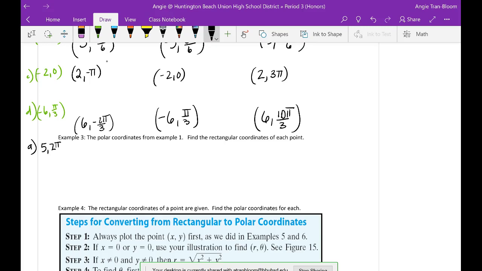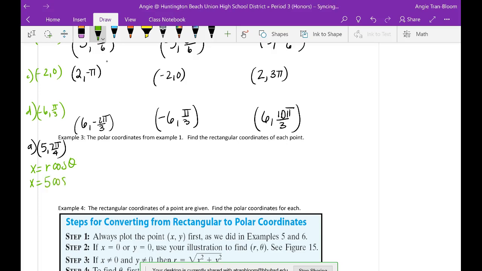Okay, this is polar. Our job is to take this polar and convert it to rectangular. That means I want what x and y are, right? How do we find x and y? X is always r times cosine of theta.